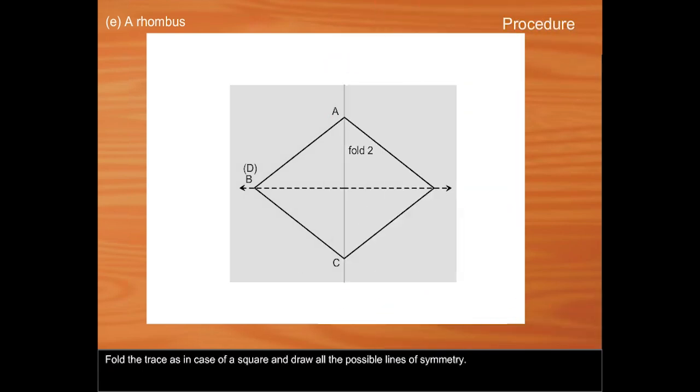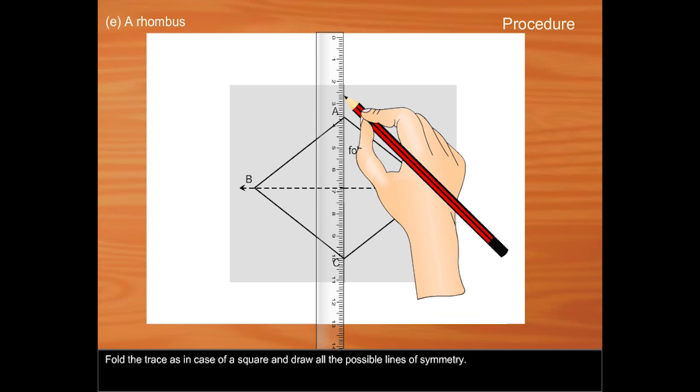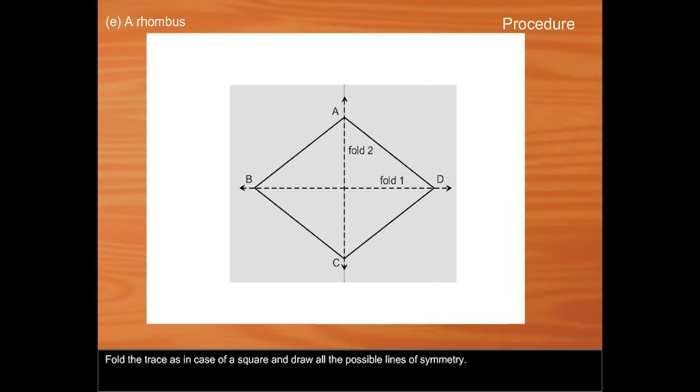Fold the trace as in case of a square and draw all the possible lines of symmetry. Lines of symmetry of the rhombus ABCD are AC and BD.